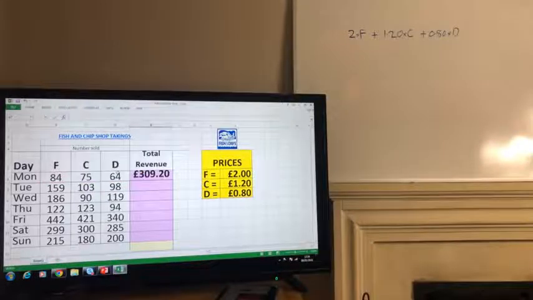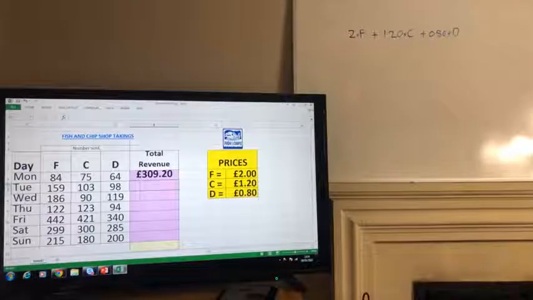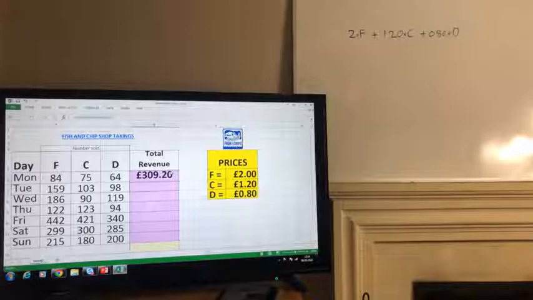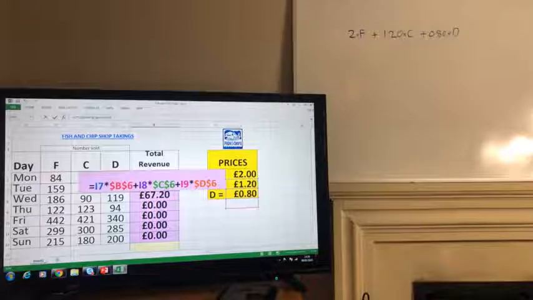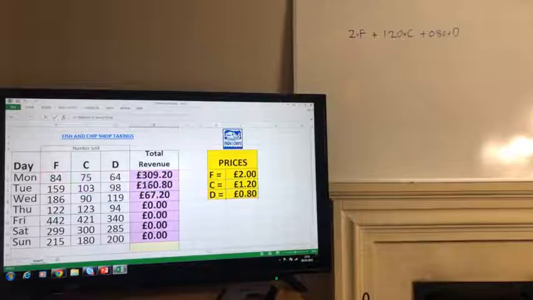So it says on that day I made £309.20. Now I worked it out, but look what I can do now with using this algebra. If I put the same formula across, it works it out automatically for every single one. Oops, oh dear.